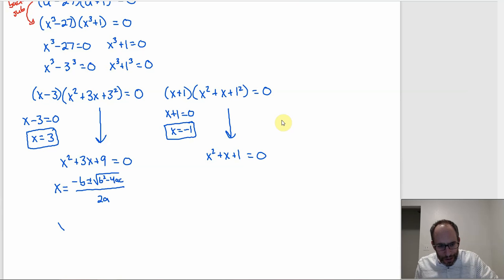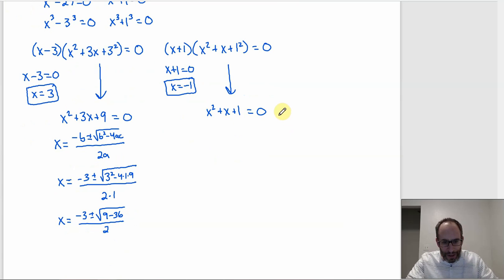And if we sub in, we're going to get negative 3 plus or minus the square root of 3 squared minus 4 times 1 times 9, all over 2 times 1. So then it's negative 3 plus or minus the square root of 9 minus 36 all over 2.